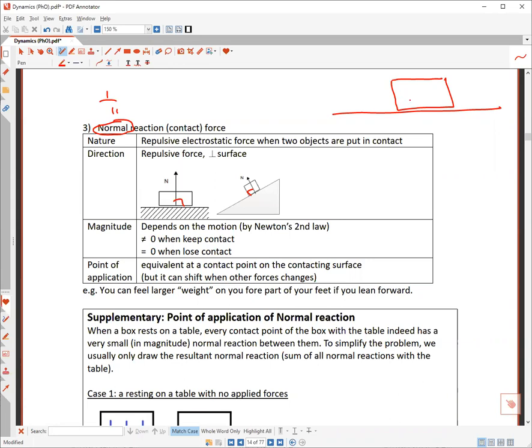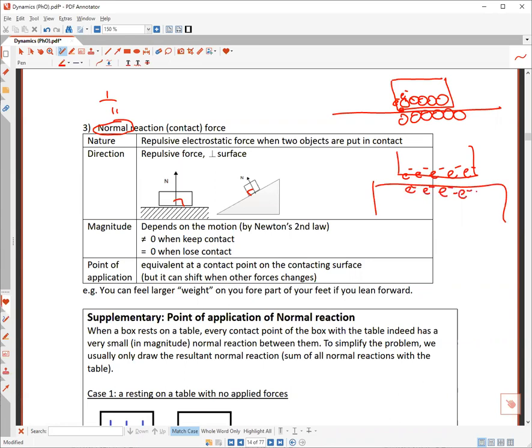All objects are made of atoms, so let me draw some atoms here. The outermost part of an atom is the electrons. So that means there are electrons on the surface of the object.